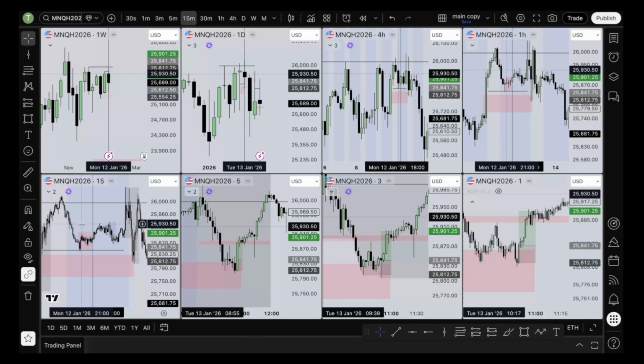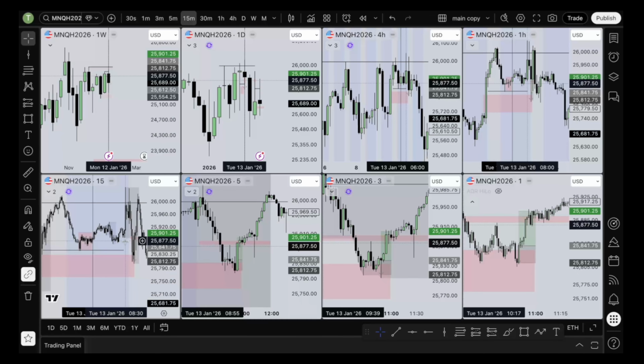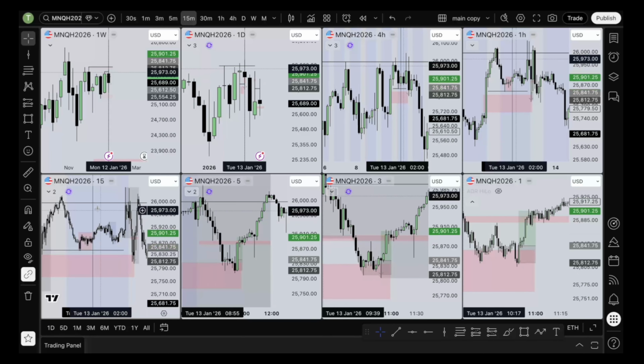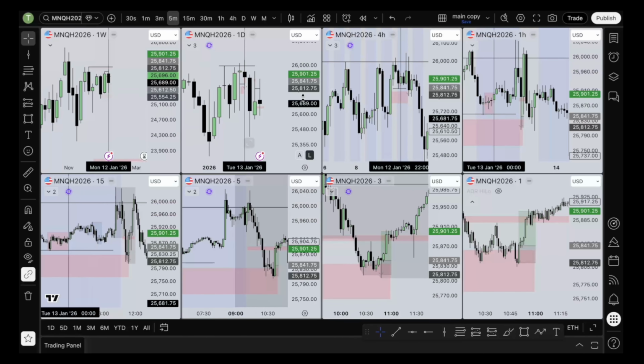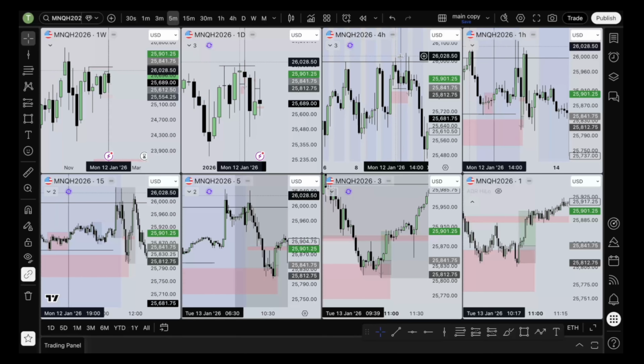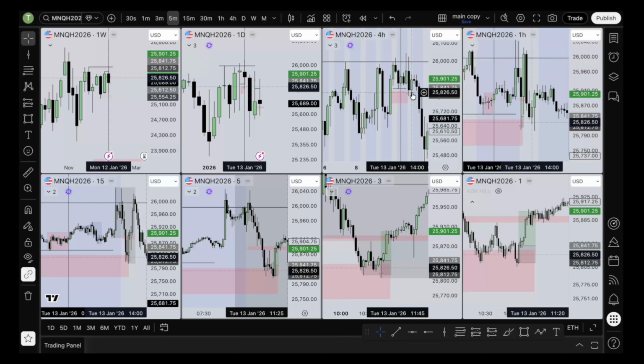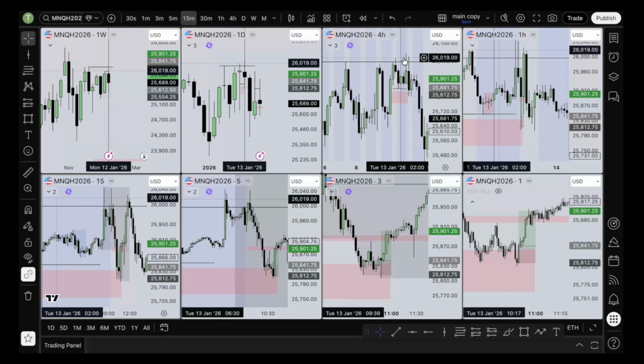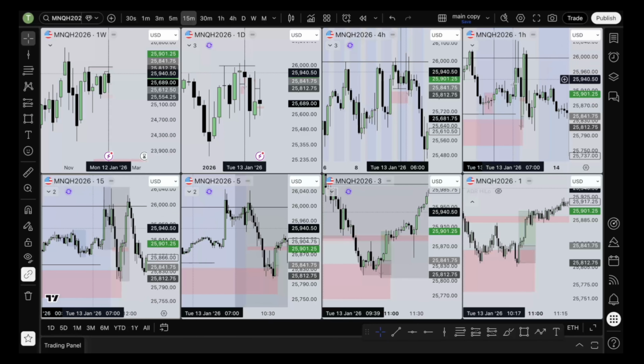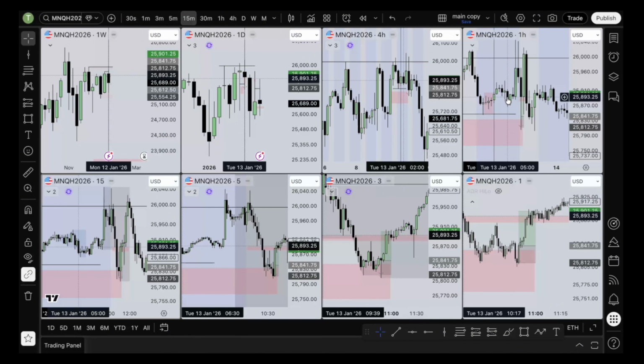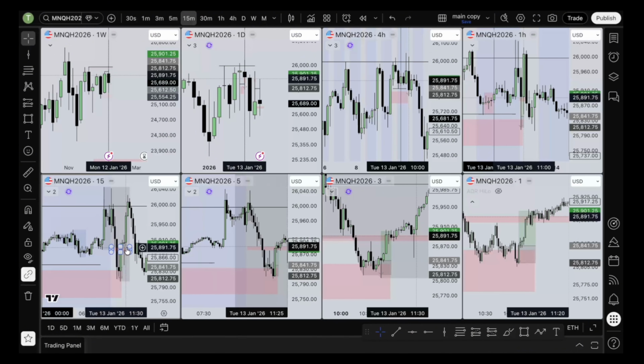Before the start of the New York session, price runs this high right here. Because we're in a consolidation, I was expecting a move lower. In terms of PD arrays, we run this high, we come down lower. What do we have? We have this order block here, and we have this fair value gap here.